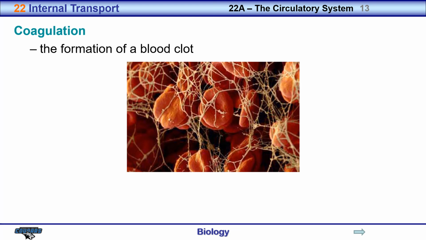These fibers, or these threads, are insoluble in the blood, and as you can see, they kind of trap the red blood cells and plug up a hole. And these fibers keep the blood from flowing, so it actually forms a blood clot.